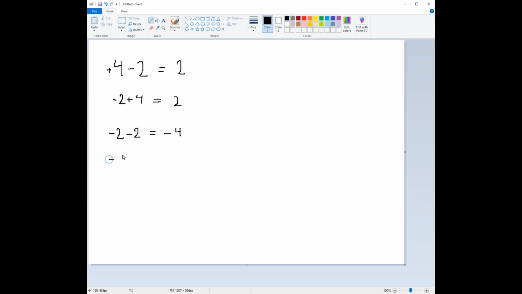So if, for example, we had negative 5 minus negative 1, how many negatives in total? Well, I have 5 there and 1 there, which means I have negative 6. If you want to associate this with something in real life, think about it like this.